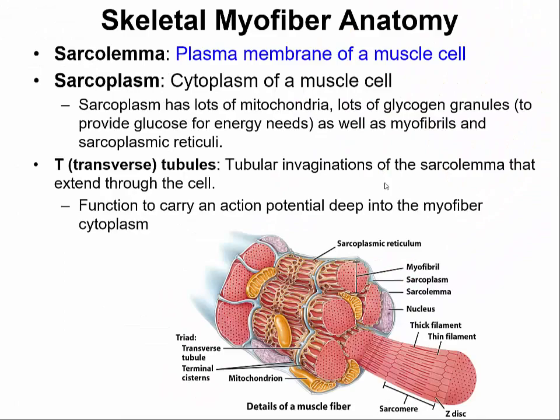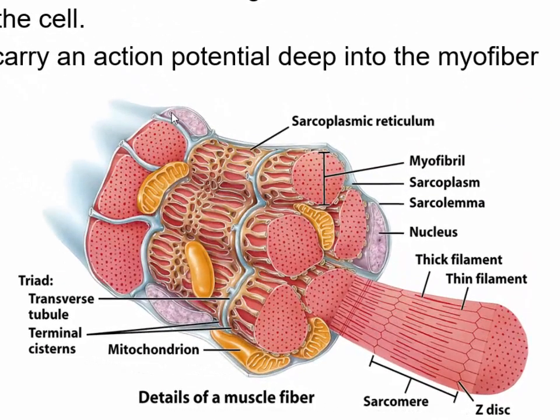Looking at skeletal muscle fiber anatomy, as shown here, the outside membrane of a muscle cell is called the sarcolemma. Now, you're going to see sarco a lot when you're talking about muscle. Sarco means flesh. For example, the Egyptians put their bodies in a sarcophagus. A lot of sarco terms when dealing with muscle.